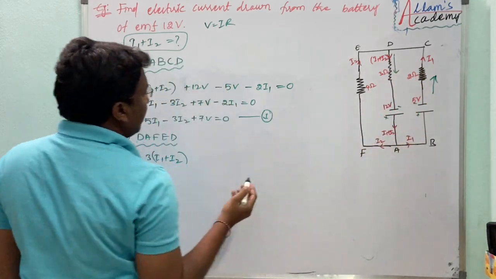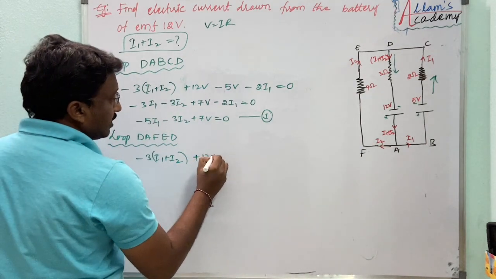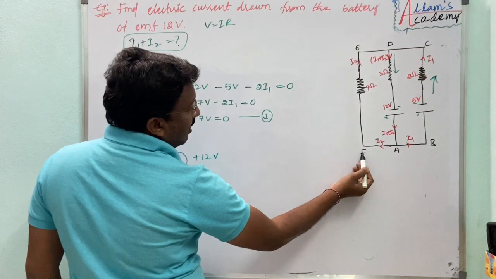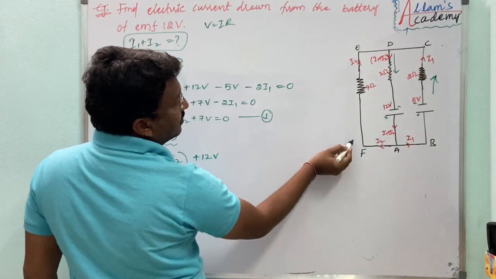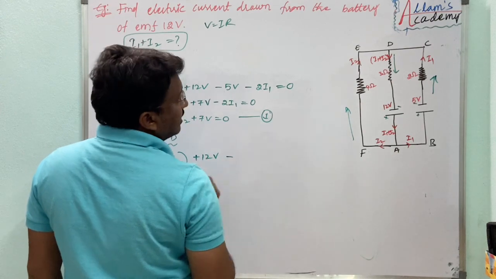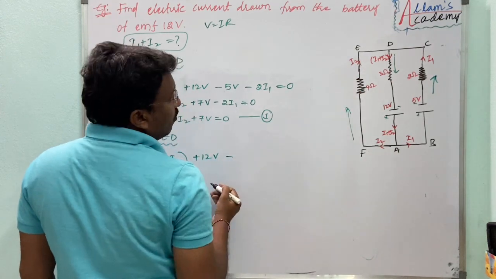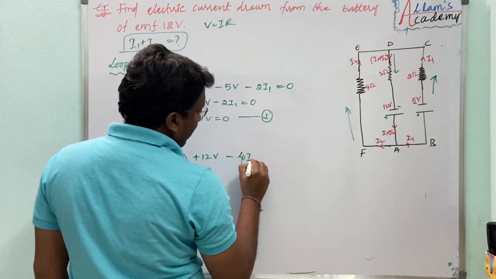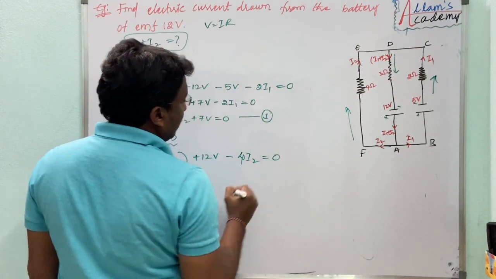So we are traveling towards the positive terminal, so plus V. And A to F, and F to E, in the same direction again, so we take minus. Resistance is 4 and current is I2, so it becomes 4 I2 equal to 0.